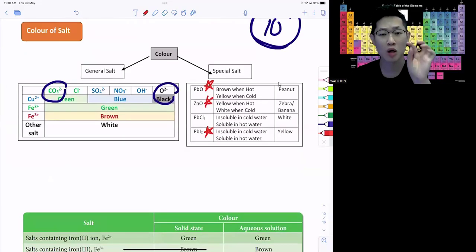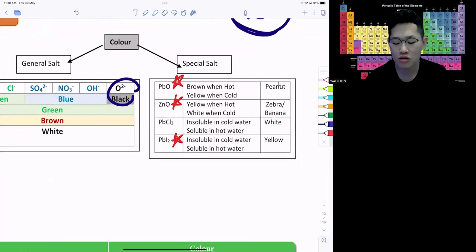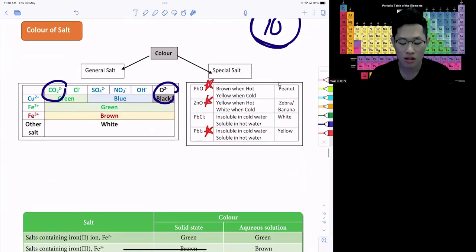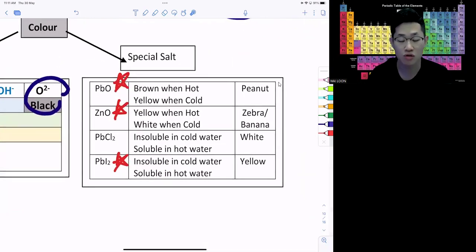So they have to give you some clue, some hint. By telling you that it is brown when hot and yellow when cold, people will straight away know that it's PbO. But if they say, oh, the salt is white, wow, so many white salts: zinc chloride, zinc sulfate, zinc nitrate, they are all white. Magnesium chloride, magnesium sulfate, magnesium nitrate, all white. Which one should I write? So they always go for the salt with special color.